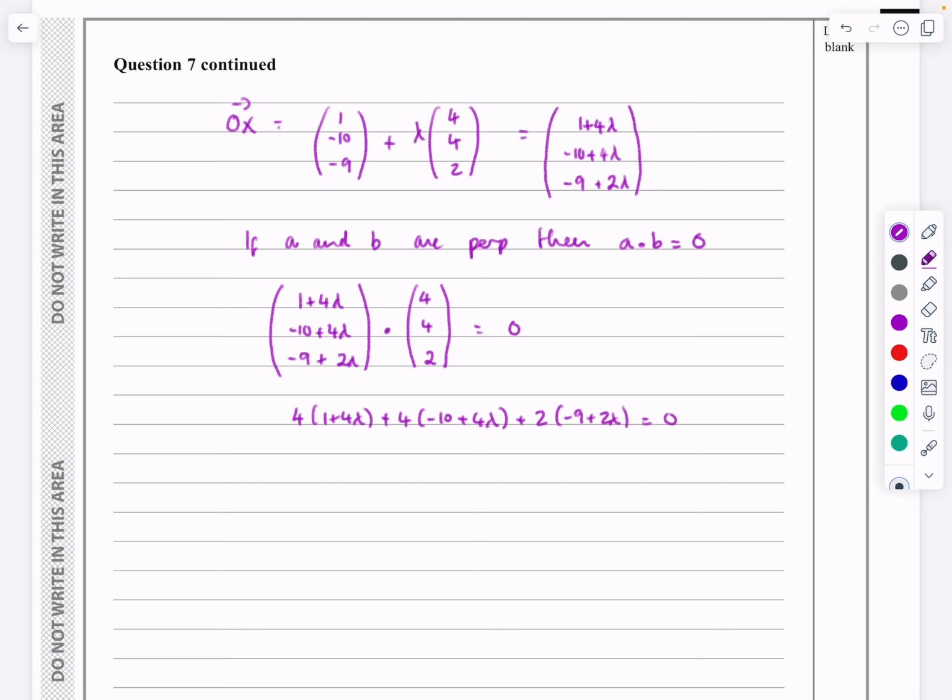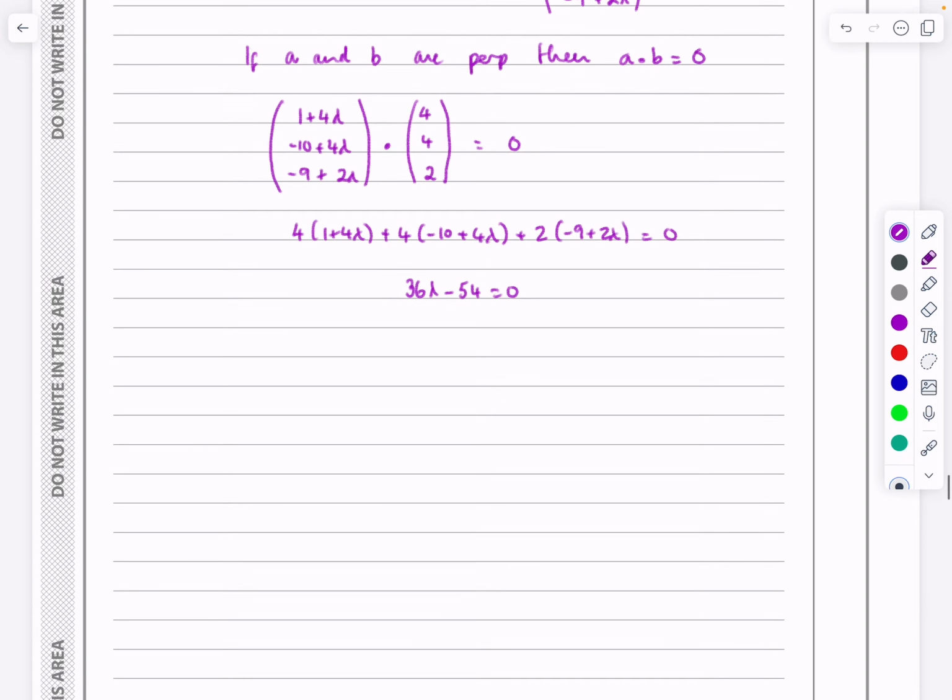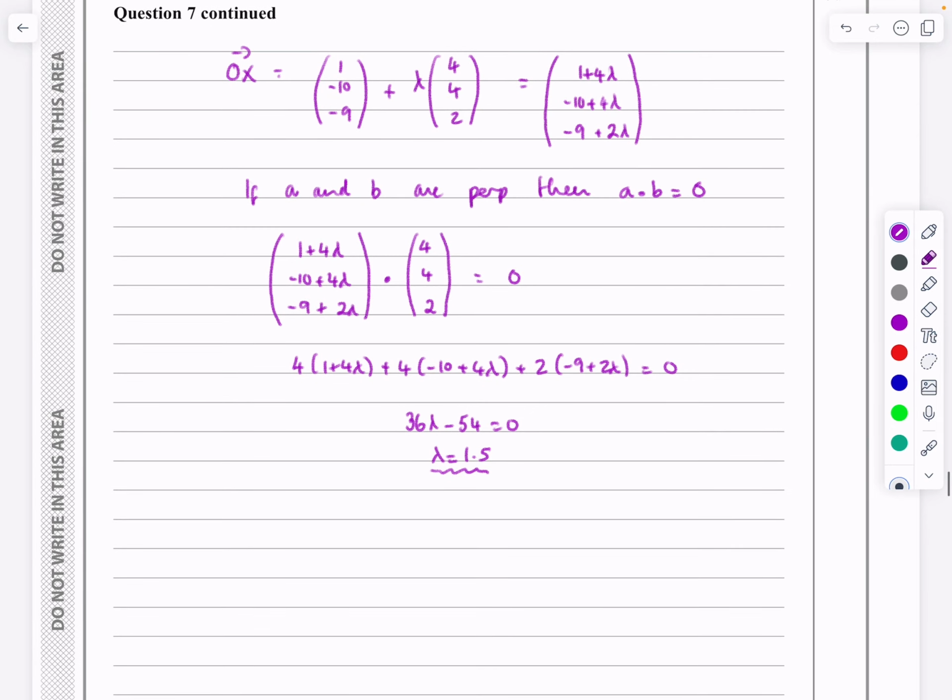Multiply that all out and tidy it up, we get 36 lambda minus 54 equals 0, which means that lambda works out to be equal to 1.5. If lambda is equal to 1.5, we can sub that back in here.